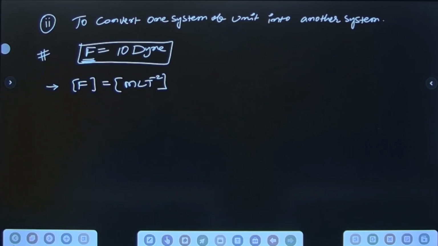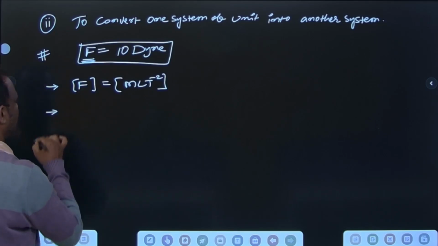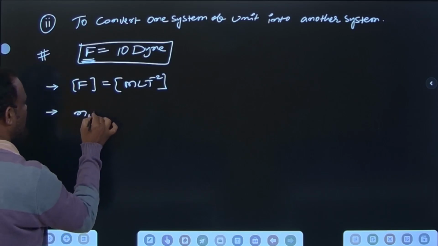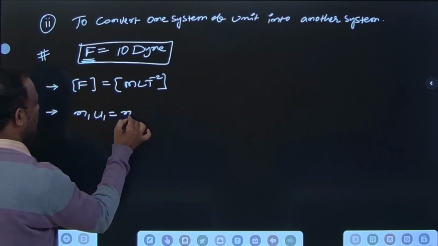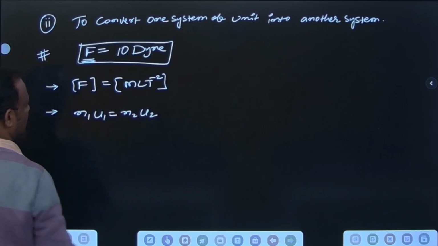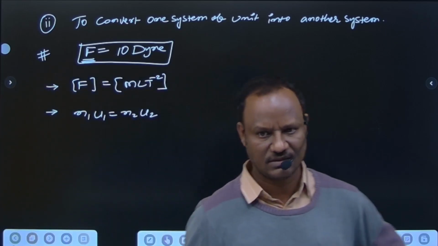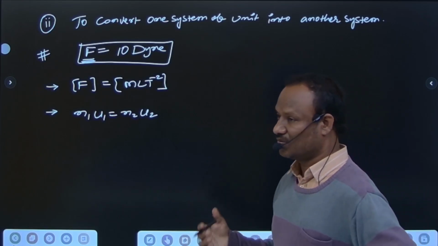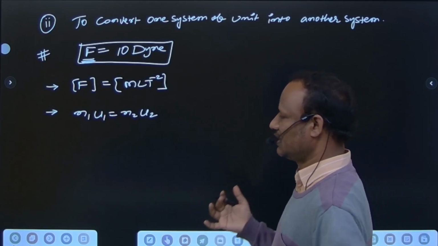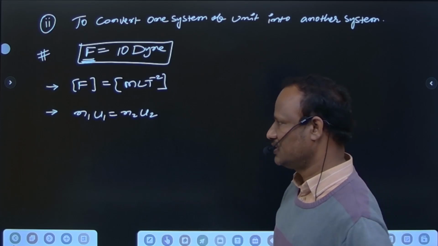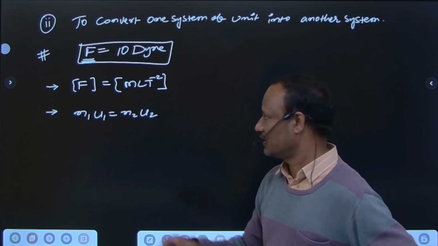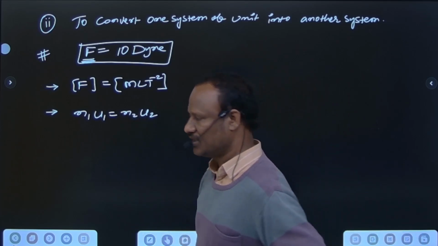Next, for the physical quantity, n1u1 is equal to n2u2. Physical quantity is the same. Distance means distance only; if you measure a long distance or a small distance, it is still distance, but the n and u values will be changing.